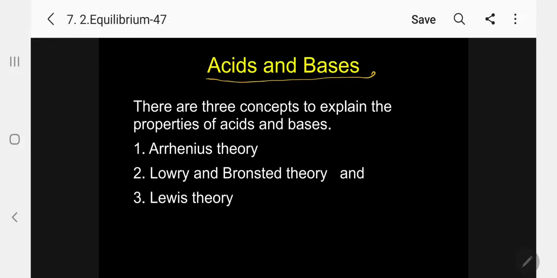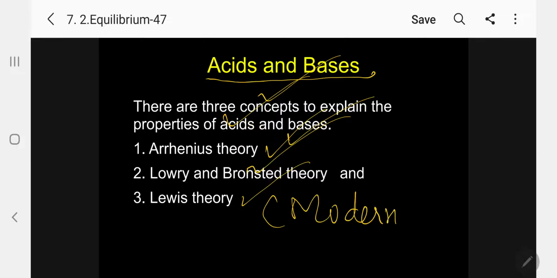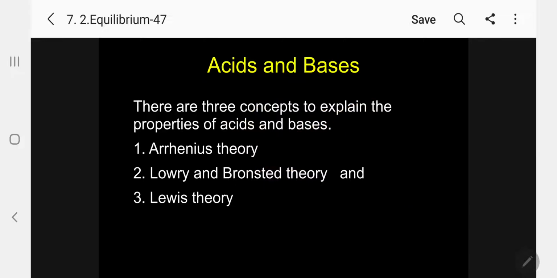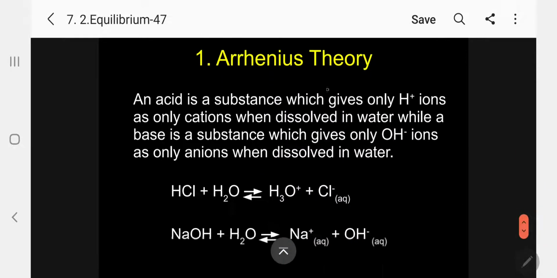There are three concepts to explain the properties of acids and bases. One is Arrhenius theory. Number two, Lowry and Bronsted theory. Third is Lewis theory. The Lewis theory is the modern theory. We are going to discuss them, kindly follow. First, Arrhenius theory.